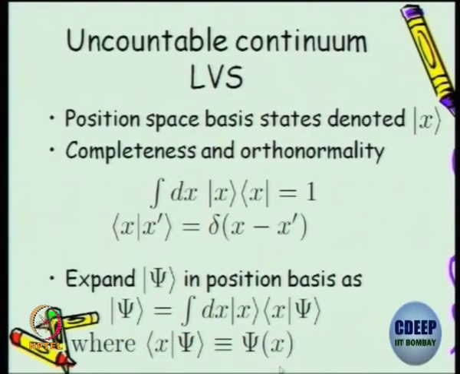What you have been seeing as wave functions are nothing but the probability amplitude for an arbitrary state psi to be at the position x, given by this inner product, and that is what we call a wave function. So whenever you do wave functions, you can go and replace it with an inner product, and we can try to see whether everything is consistent. So this is what we call a wave function.